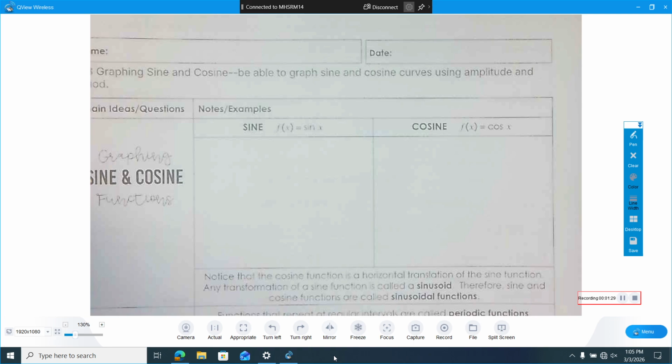1, 2, 3, 4. Tasha, pass it back. Can we write our name? Probably not gonna go.